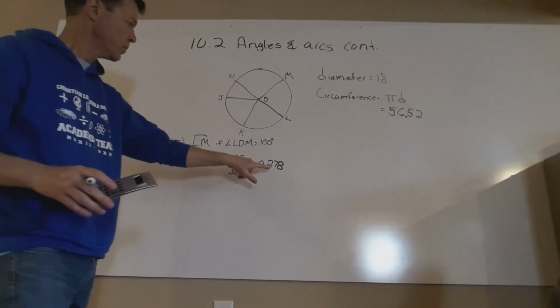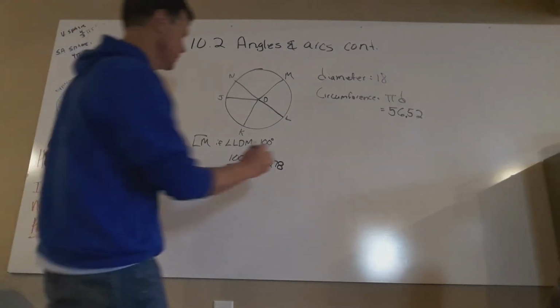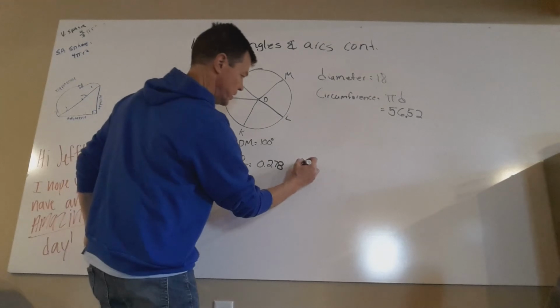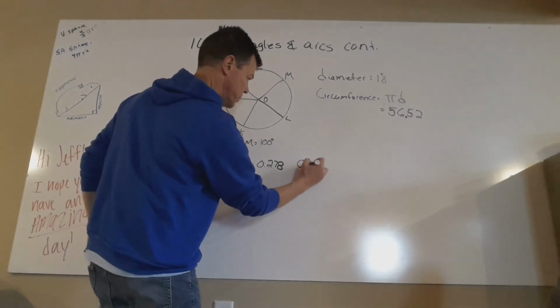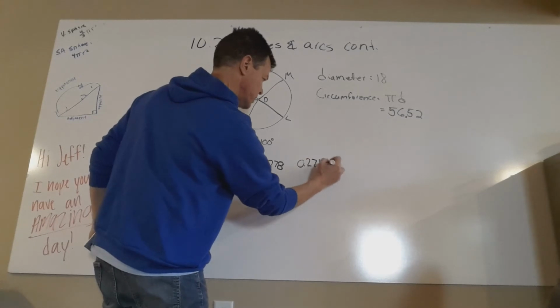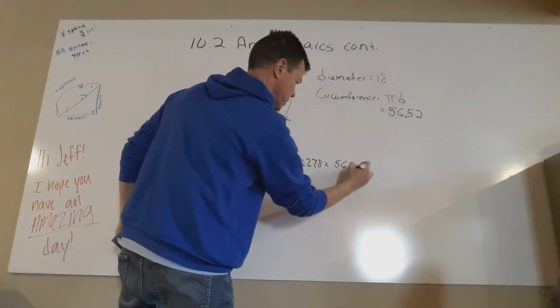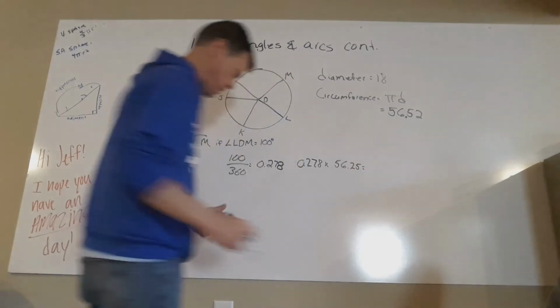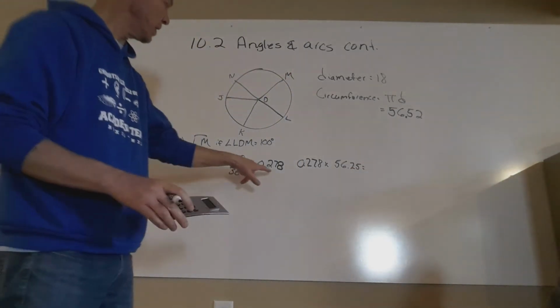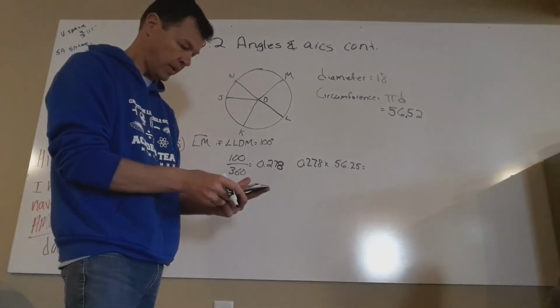And it's 0.278 of 56.25. So, very simple process, 0.278 times 56.25. And if you still have that calculation in your calculator, you don't need to clear it, just multiply that by 56.25.